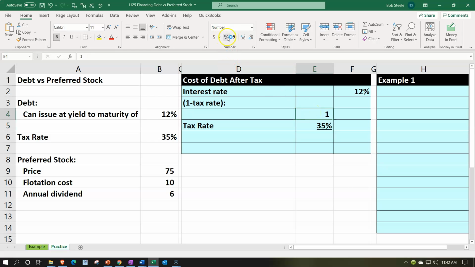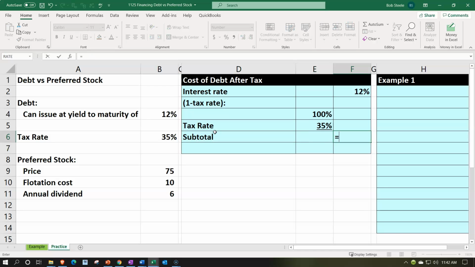It might be useful. Now it's 100%, 1 minus the tax rate, 1 minus 0.35, or 100% minus 35%. Same thing. And then we can say the subtotal is going to be equal to the 100% minus the 35%, making that a percent. Numbers group, percentifying it, and font group, underline.